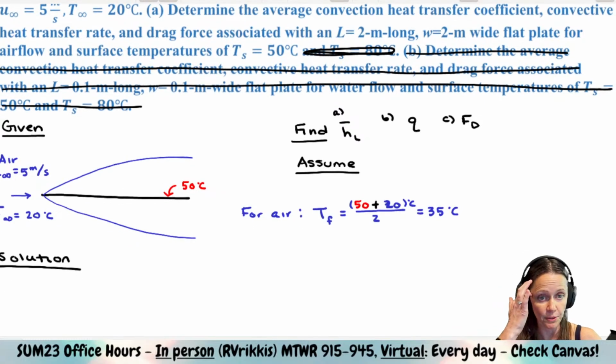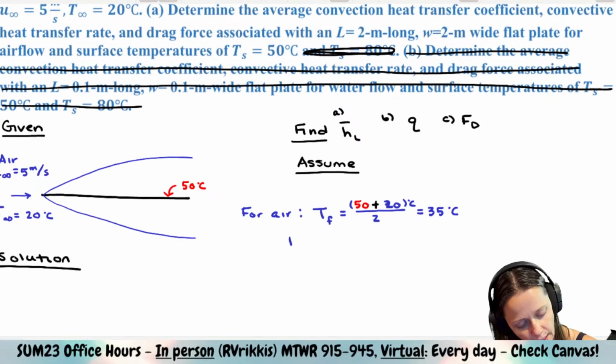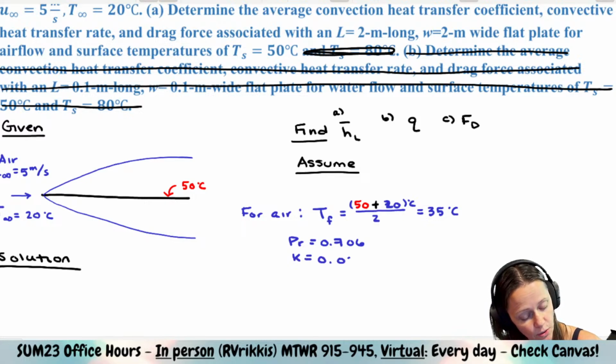All right, so our properties at that film temperature: I got a Prandtl number of 0.706. I've got a thermal conductivity of my fluid of 0.0269 watts per meter Kelvin.